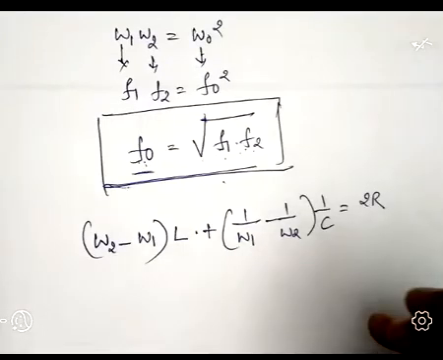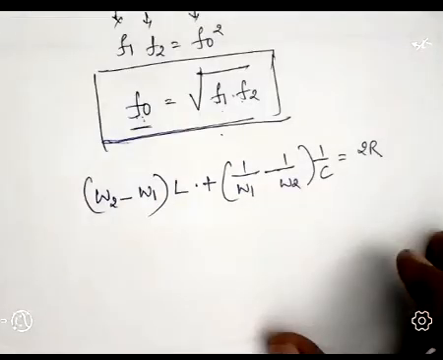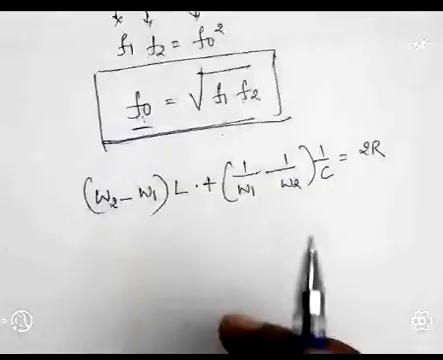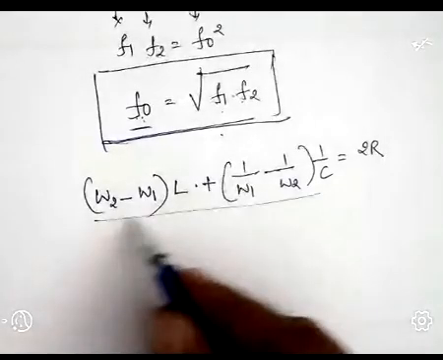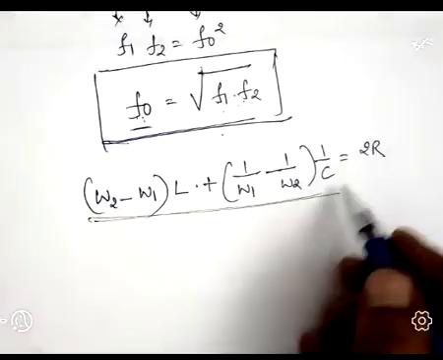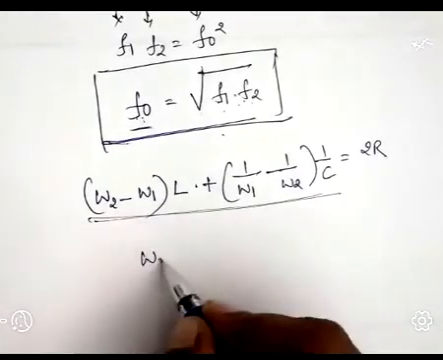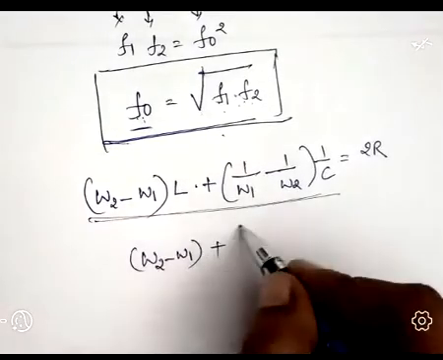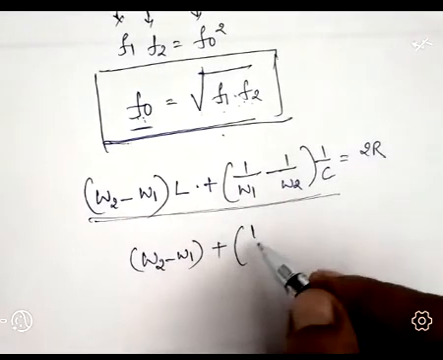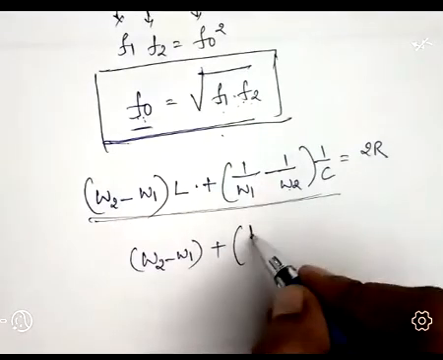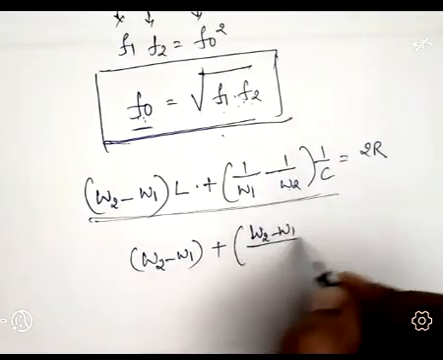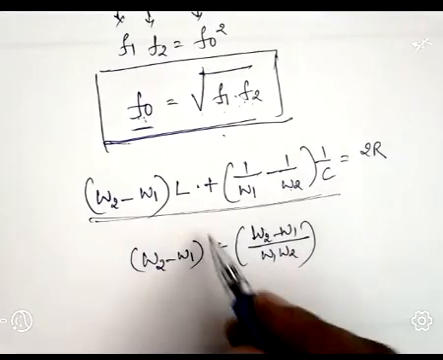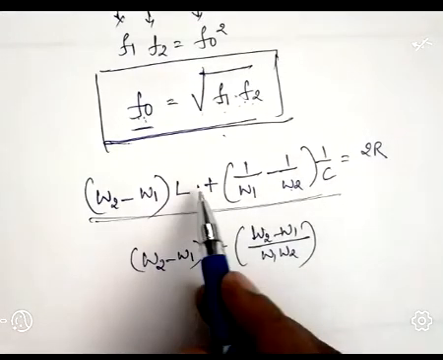Okay. For the simplification, I will take L out of this term. If I take L out of this entire term, it becomes omega 2 minus omega 1 plus 1 divided by, let us take the LCM, omega 2 minus omega 1 divided by omega 1 into omega 2. As I told, I have taken L common from this entire LHS term.